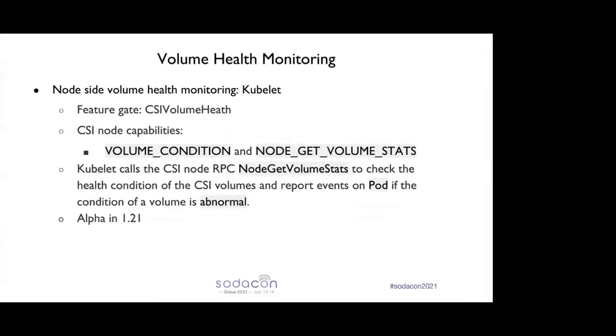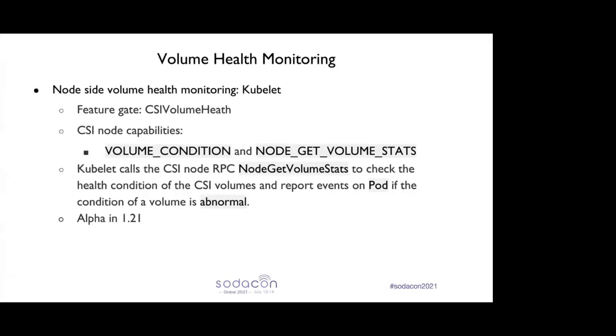When volume health was first introduced in 1.19, there was an external health monitor agent that monitored health on the node side. In 1.21, we made a design change to avoid duplicate CSI calls. Kubelet already calls NodeGetVolumeStats to retrieve volume metrics.